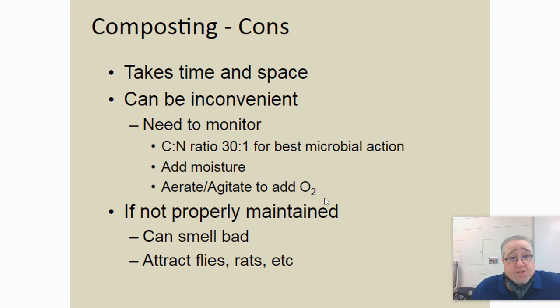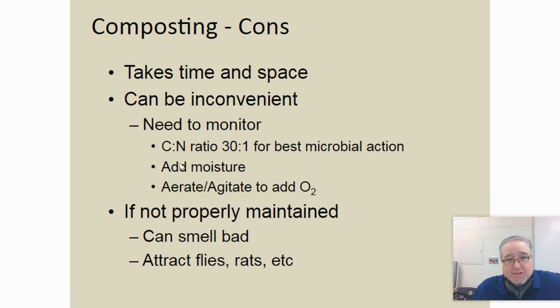Some cons about composting is, again, it does require a commitment. It takes time, it takes up space depending on how large your composting pile is. It can be troublesome if you don't know what you're doing. In order to have a proper composting pile, you have to make sure that you follow some rules.